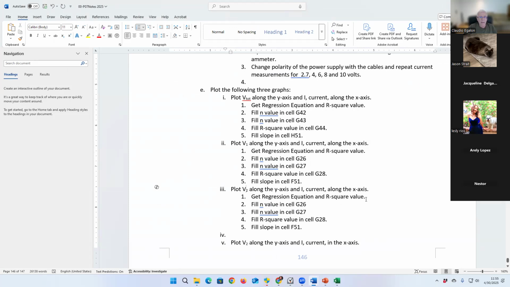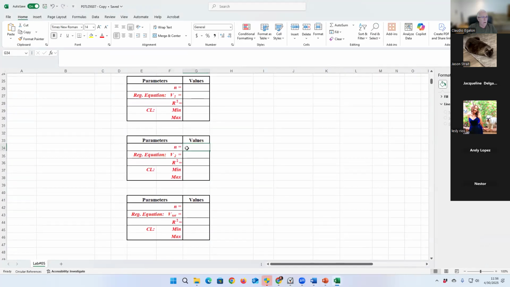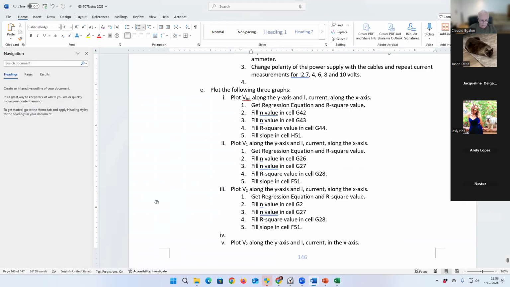And then finally we have V2. Plot V2 along the y-axis and I current along the x-axis. Get the regression equation and R-square value, fill the value in a cell. Let's see which cell that's going to be. Cell G34. And the rest is easy, right? Once I have 34 here, all I have to do is 35.